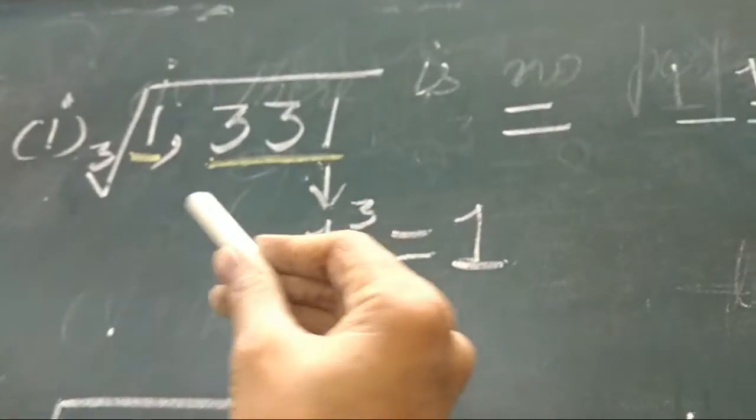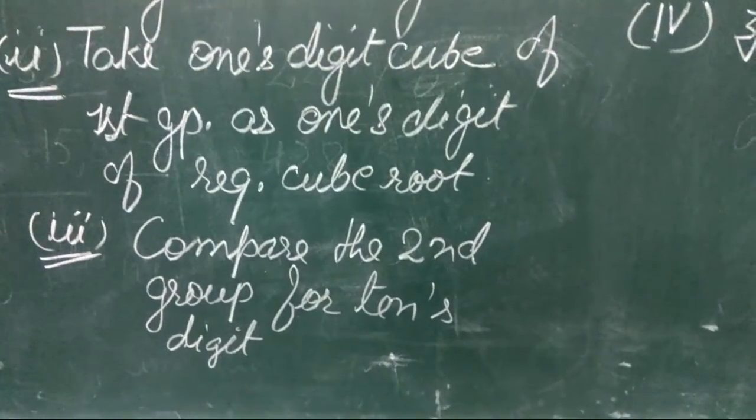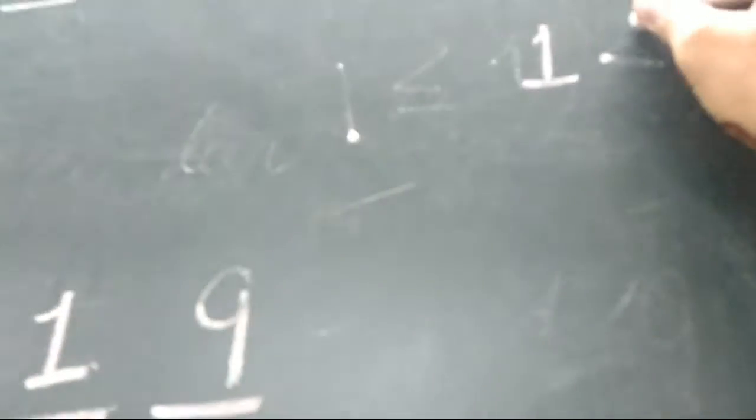Now let's move on to the second group, that is 1. Dear students, the third point is to compare the second group to get the tens digit of the answer. To compare this number 1, we have to check out the cubic numbers. 1 cube is 1, 2 cube is 8, 3 cube is 27, likewise 4 cube is 64, in this way.